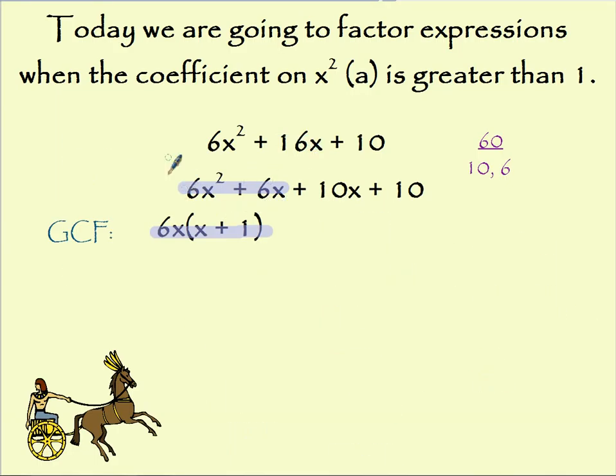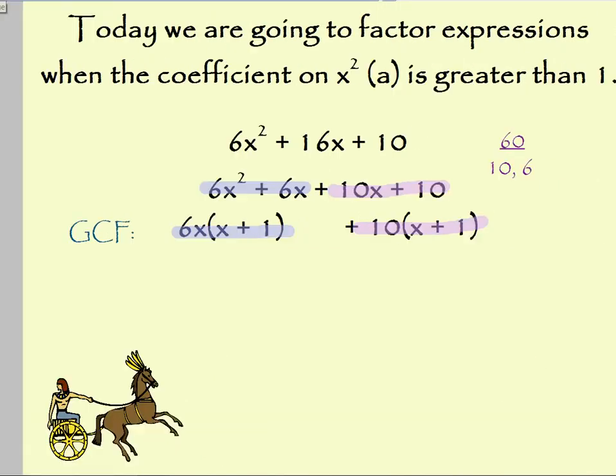So from these first two terms, 6x squared and 6x, I'm going to do some greatest common factoring. They both share a 6, and they both have at least one x. So I'm going to pull out a 6 and an x from both terms. In the first term, I'm going to be left with an x. In the second term, 6x divided by 6x leaves me with 1.